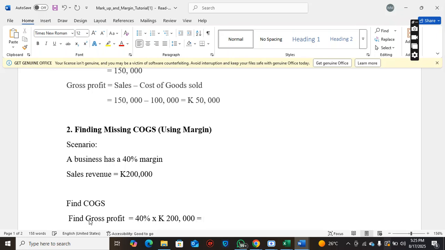What is 40% of 200,000? 40% of 200,000, what value are we getting? 80,000. So this is our gross profit, 80,000.